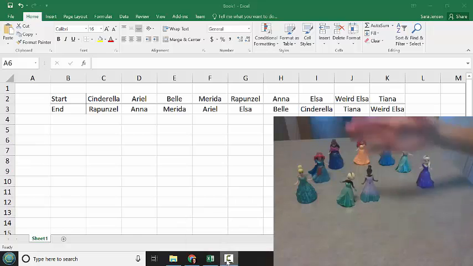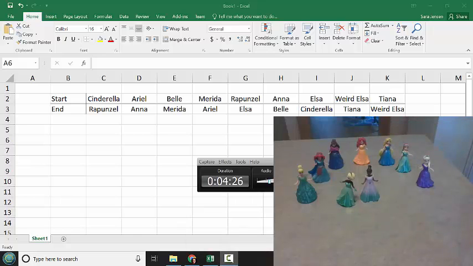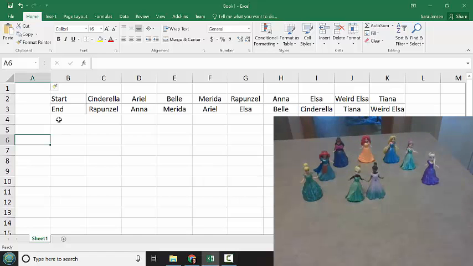So, ta-da! Here they all are after exchanging dresses according to the rule that we have up here on the screen. And it doesn't even matter what dresses they have on, we know what princess is giving their dress to whom. And so we could shuffle these up one more time.